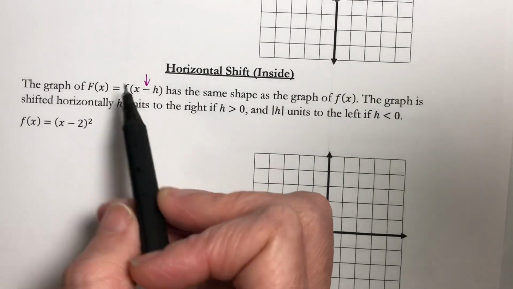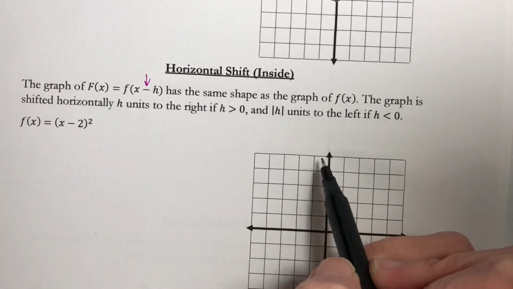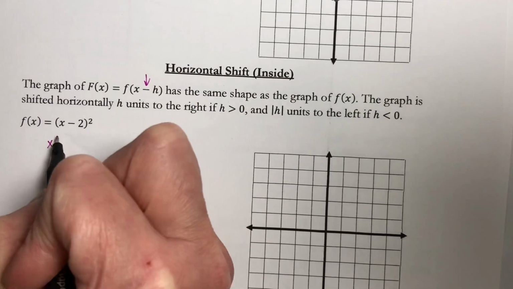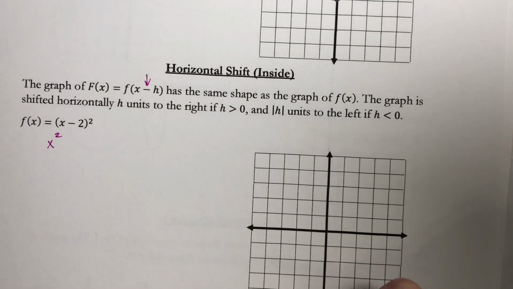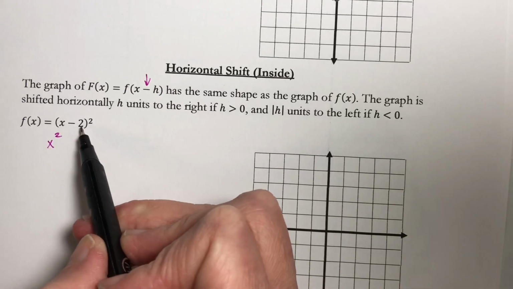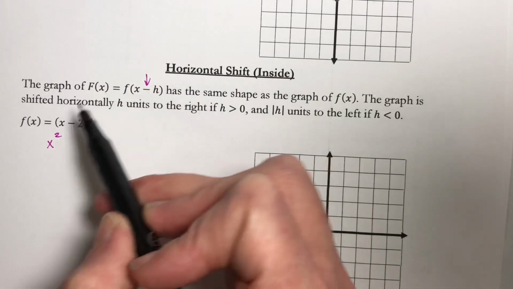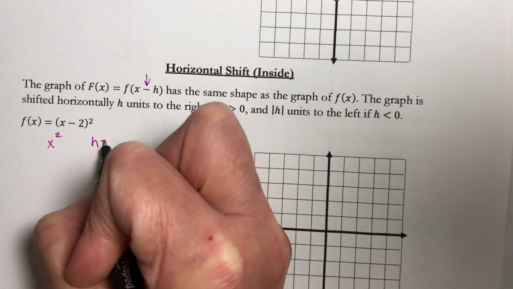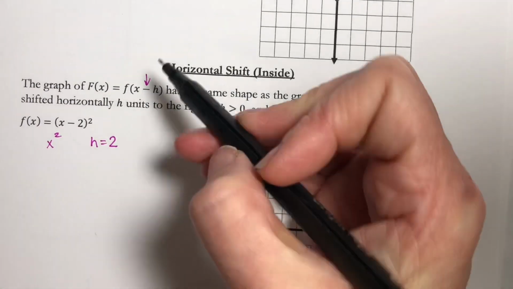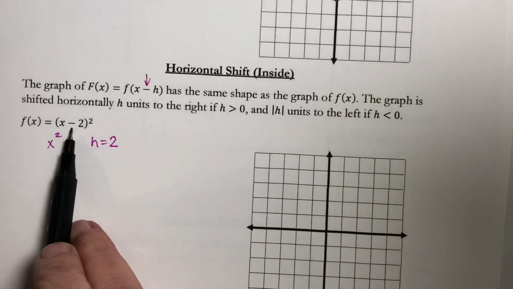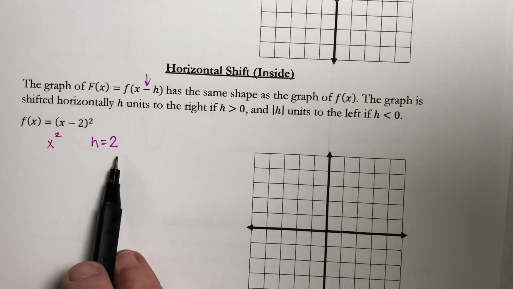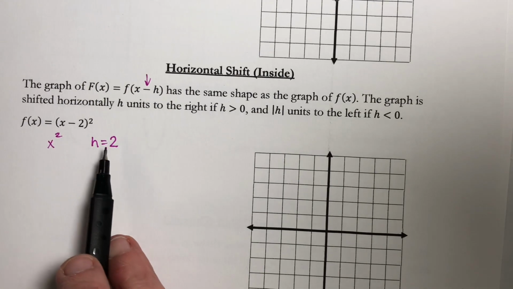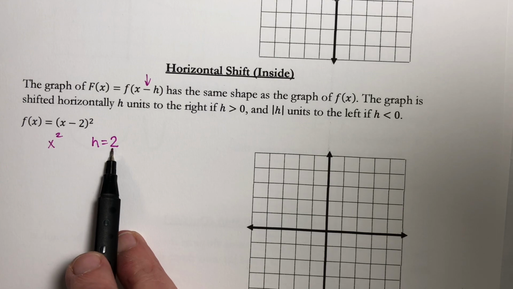Okay, so let's just compare this to this before I go through the rest of this. It looks like I have a square function, so I'm going to have a basic quadratic here. If I compare this to this, I have x minus, what is my h value? My h is positive 2 because this has a minus in it, this has a minus in it. If my h is a negative 2, then this is going to end up being minus a negative or a plus. So my h is a positive number.